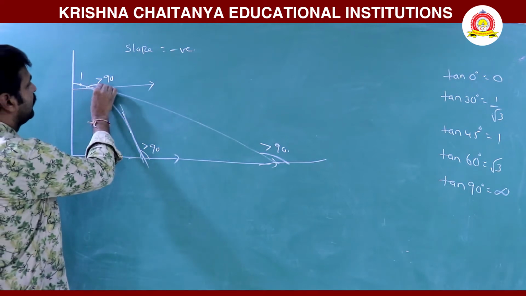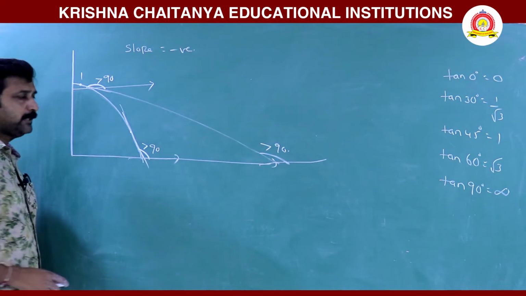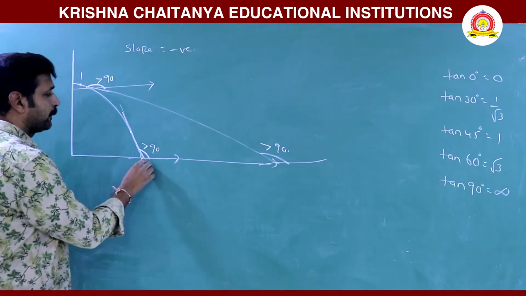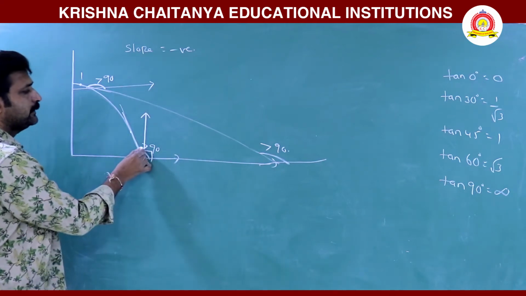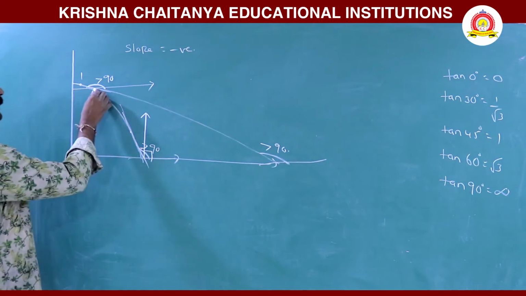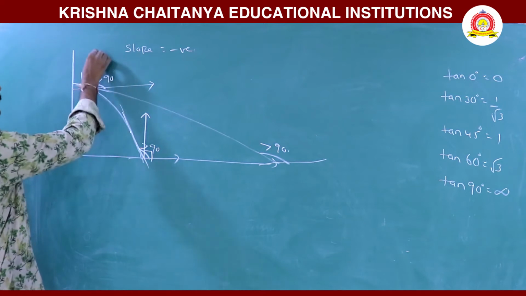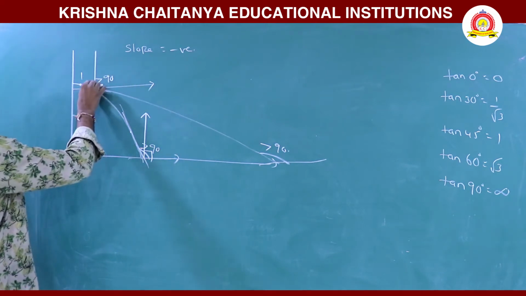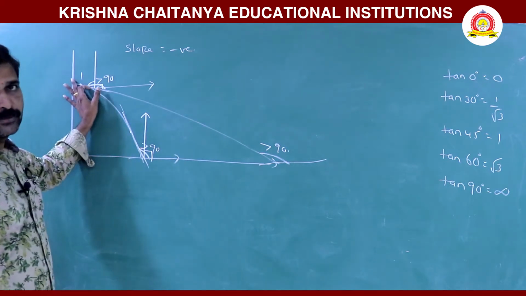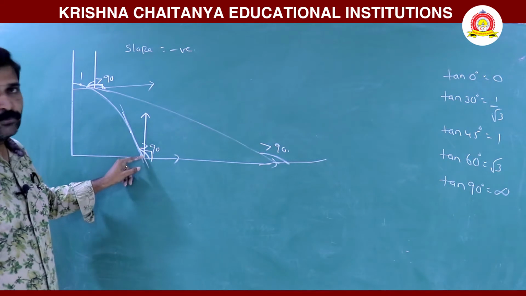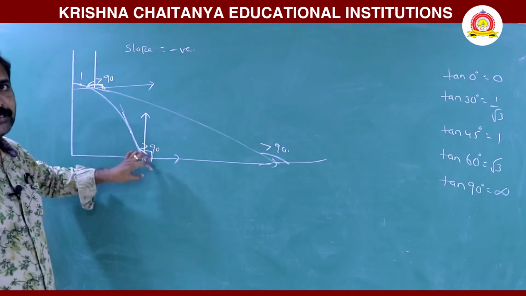Here this angle is more, here this angle is less. If you take this as the y-axis, here it is 90 plus, this may be around 30. But for this one it is more than 30, so it may be around 150 and this around 120. That means here the angle is more, here the angle is less.